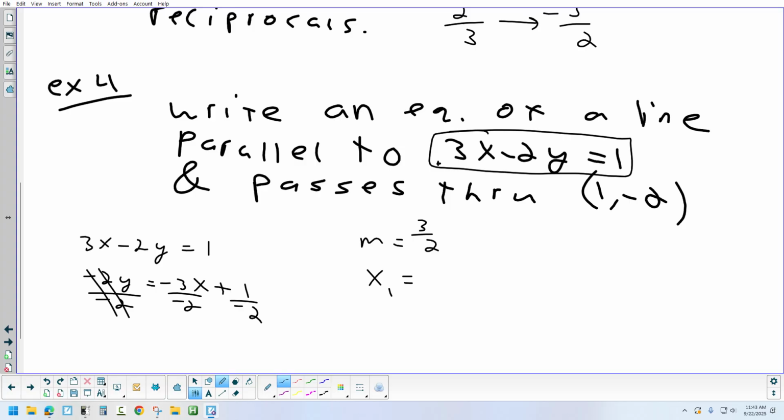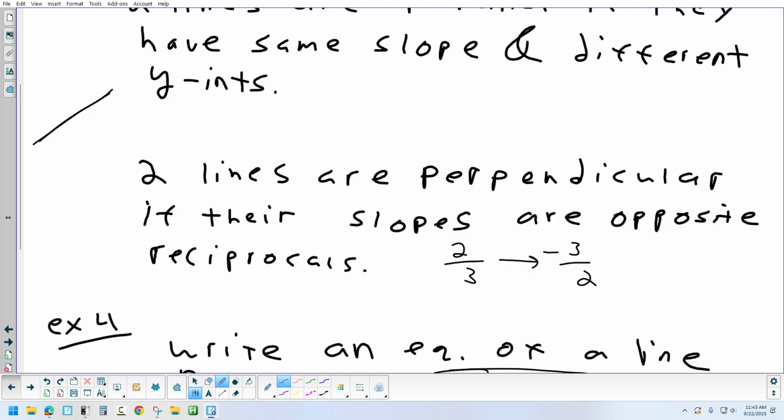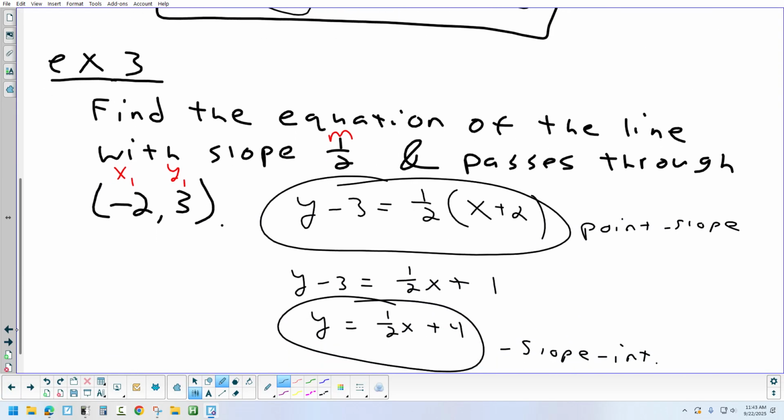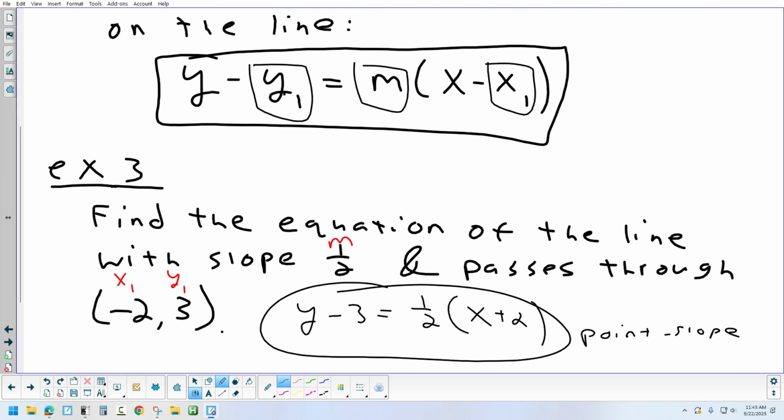And the y value? Negative 2. So now all you have to do is plug in those three numbers, just like we did in this problem right here. Just plug all three in.